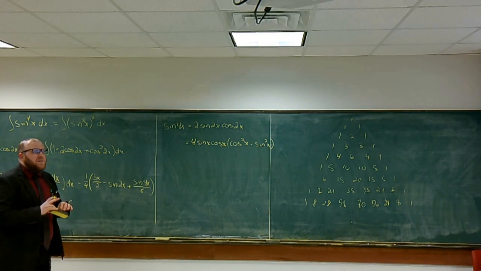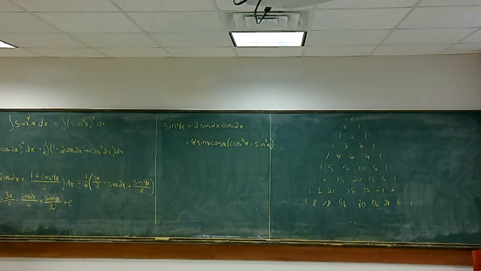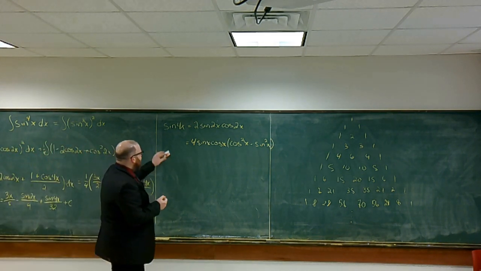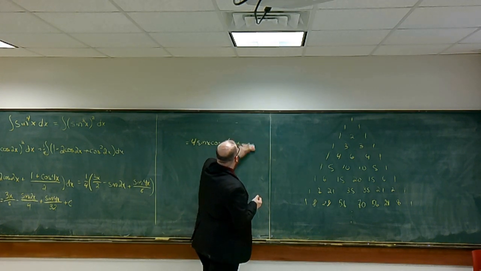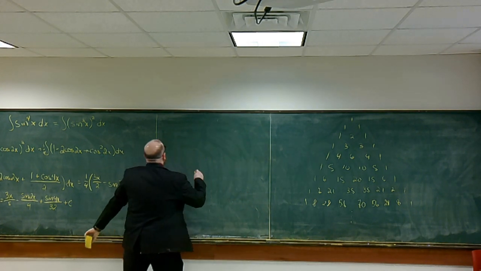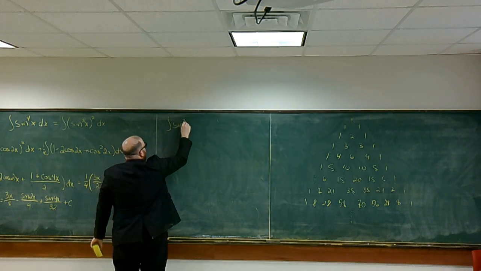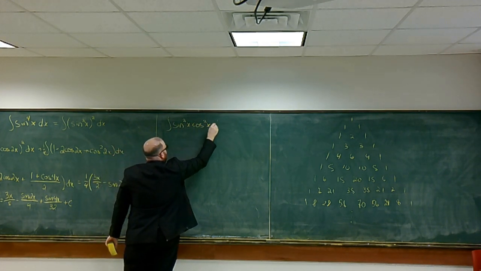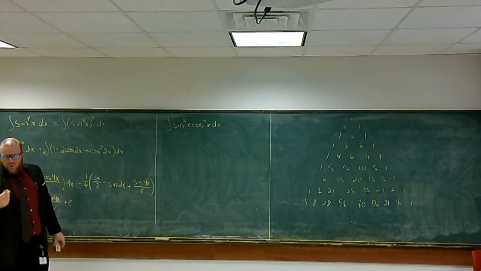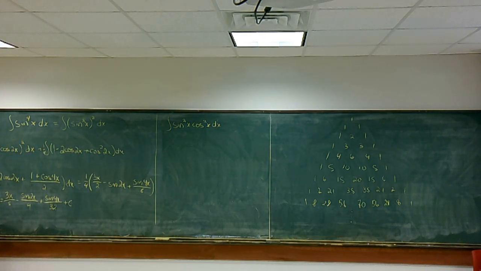Let's up the ante. What if you get sine times cosine both with even powers? I'm keeping it simple here, where they're both just squared. If one of them is squared, happy day, because that's the easiest possibility. Since they're both squared, it doesn't matter which one we pick.